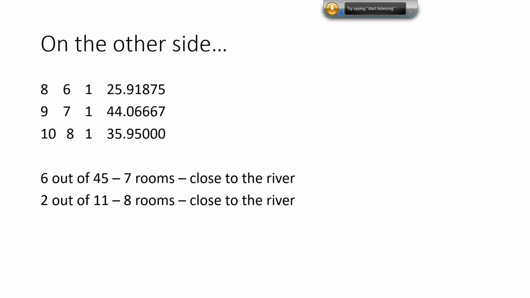Only 2 out of 11 are actually close to the river, and so those are higher priced. From a percentage standpoint, they're about the same. I don't know that you could find justification for throwing out the data for the 7 rooms. It isn't that far off the charts, and it could be that there's just 1 or 2 of them that are much higher in median value.